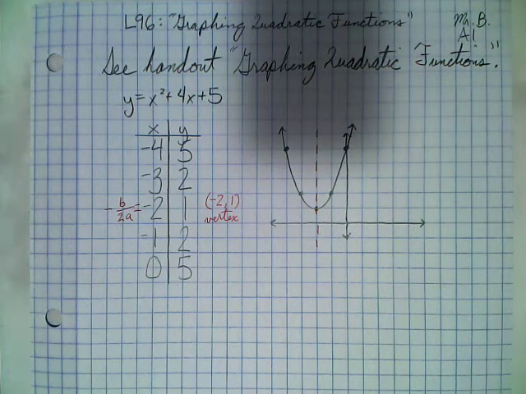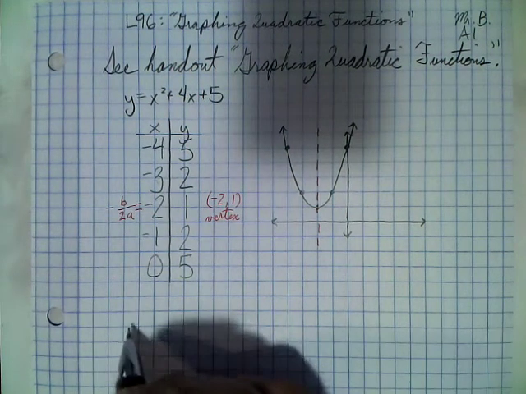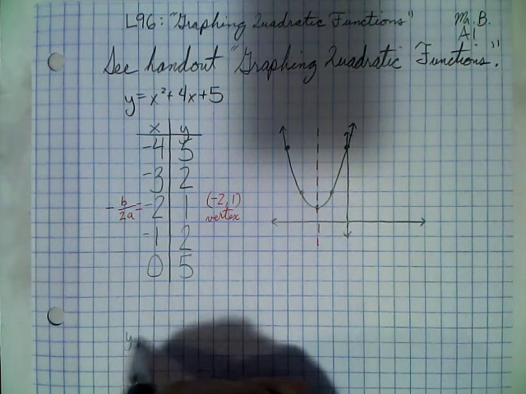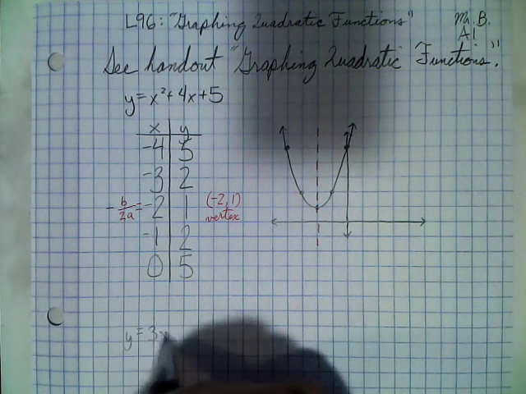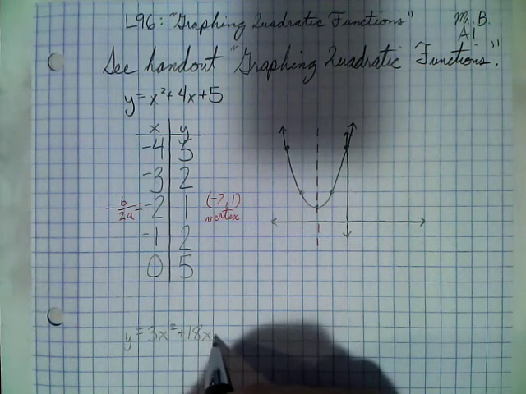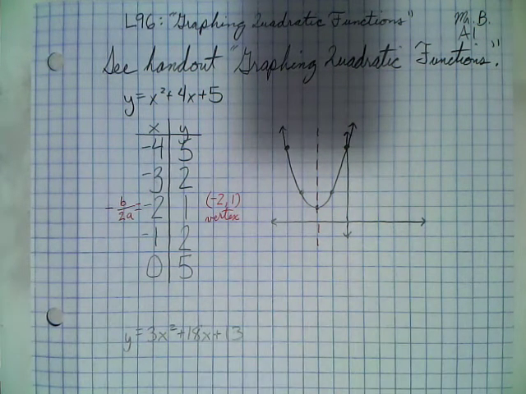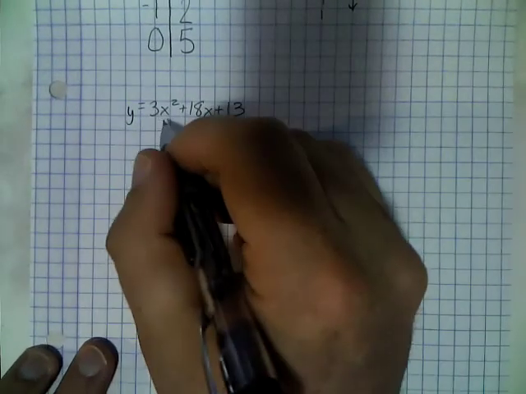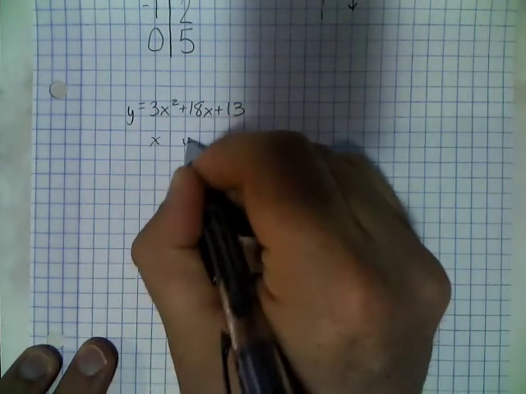For our next example, we're going to take a look at the equation y equals 3x squared plus 18x plus 13. So likewise, I'm going to make a table of values.